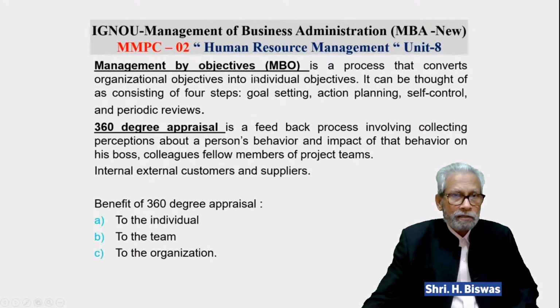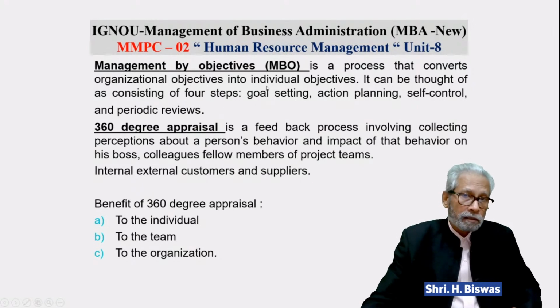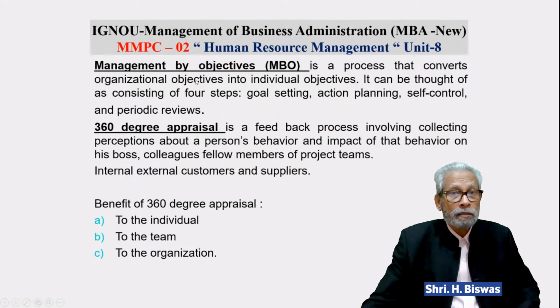So the differences will be less. Your organizational objectives and your individual objectives are almost on the same platform and the same plan. Then definitely, whatever your goal setting and action, you will get 100%. So you have to create the right situation so that individual objectives and organizational objectives are the same.